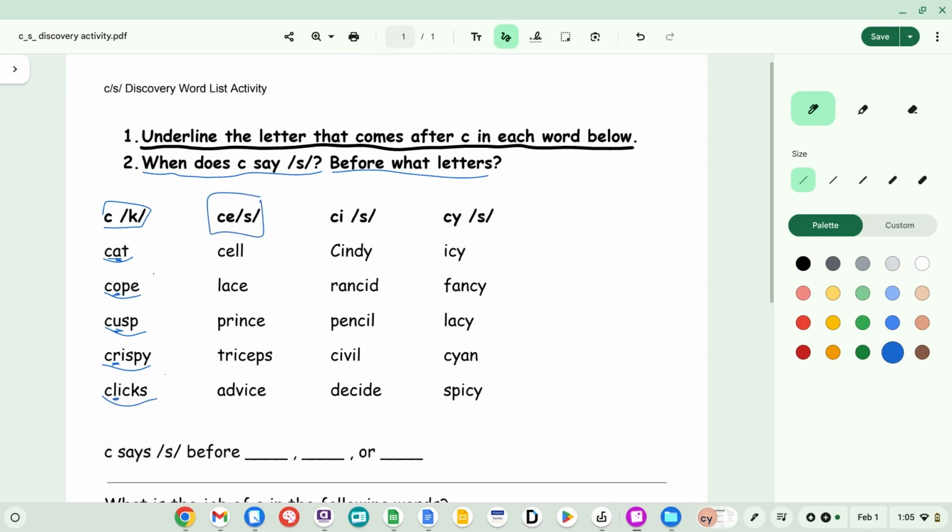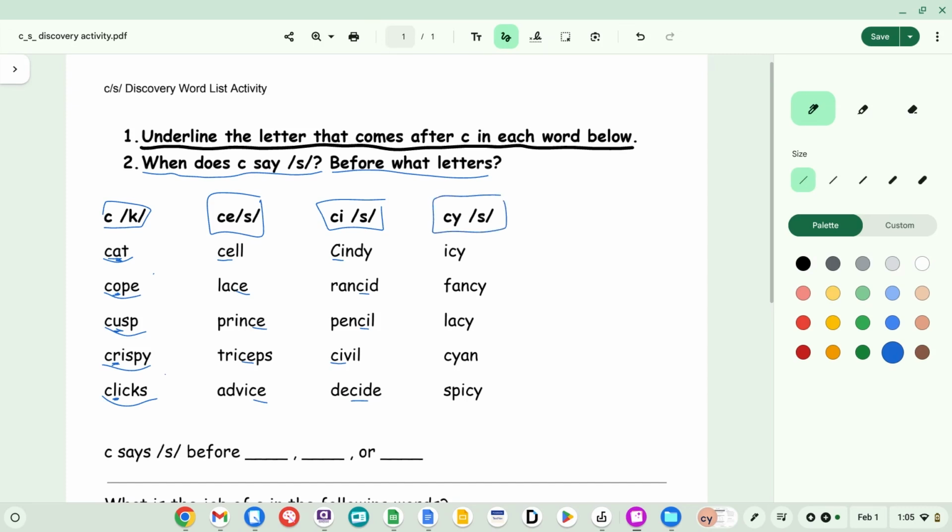This next column, CE spells S: cell, lace, prince, triceps, advice. CI says S: Cindy, rancid, pencil, civil, decide.